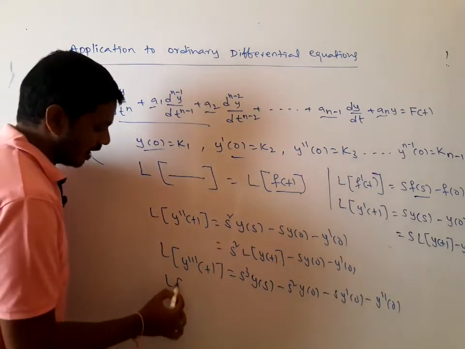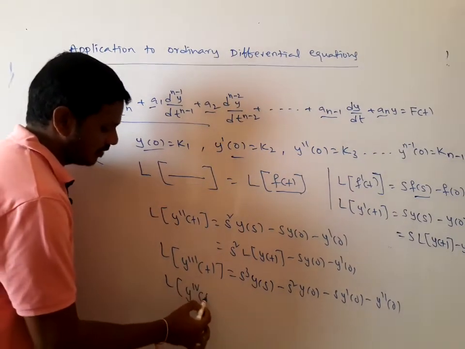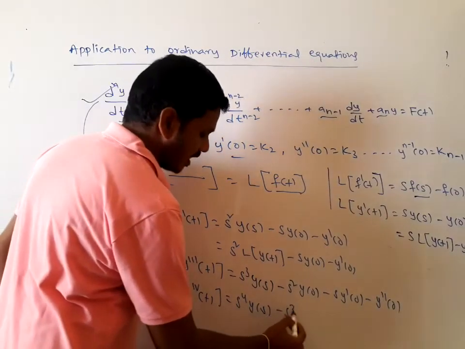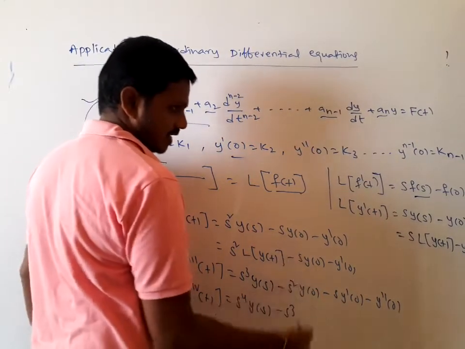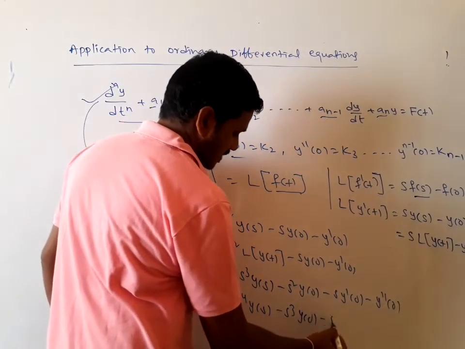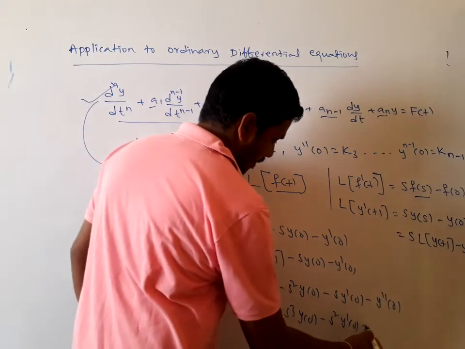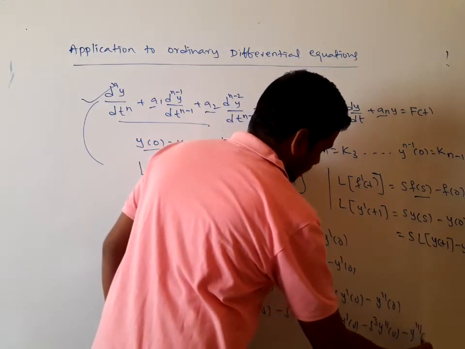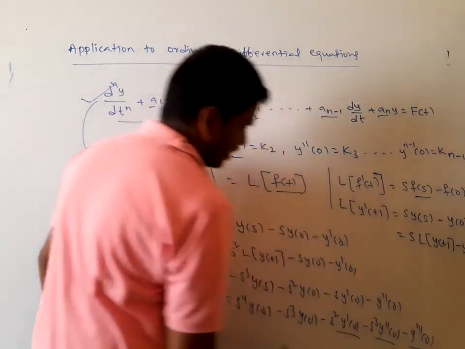In the same way, the Laplace transform of the fourth derivative is equal to s to the power of 4 y of s minus, you can expect the next terms one by one, s cube y of 0 minus s square y dash of 0 minus s y double dash of 0 minus y triple dash of 0. These are constants, replace them.